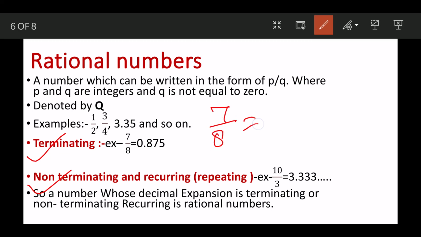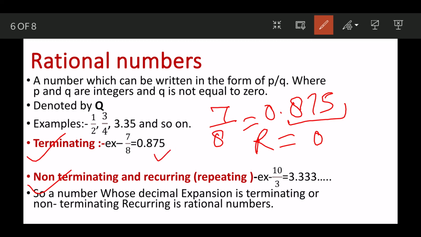If we divide 7 by 8, the answer is 0.875, and the remainder is 0, meaning after the decimal the expansion is terminating. These kinds of rational numbers are called terminating, and others are non-terminating recurring.